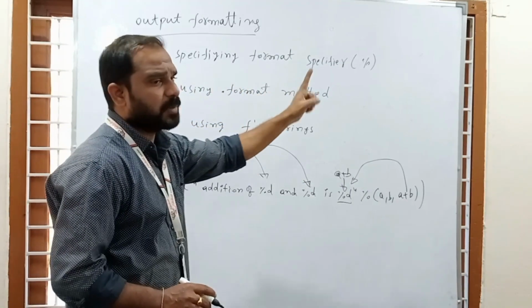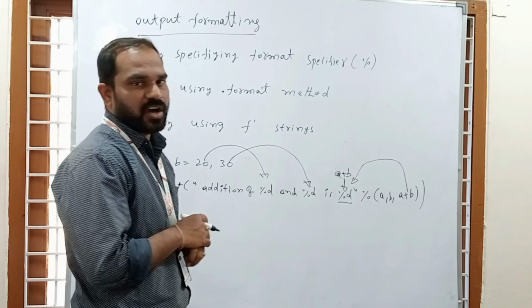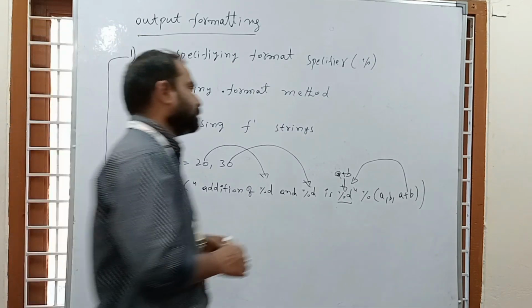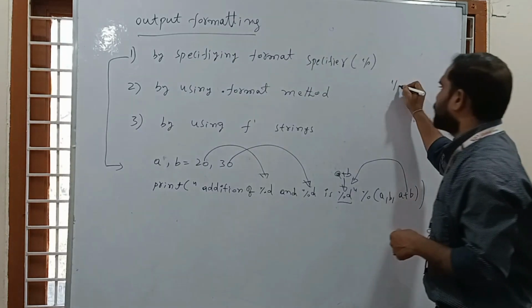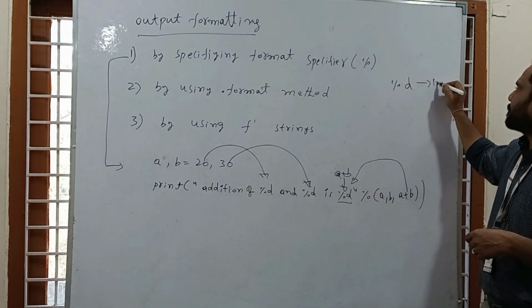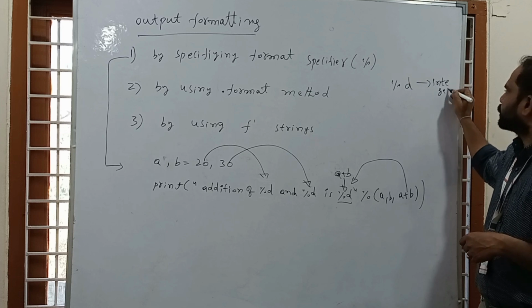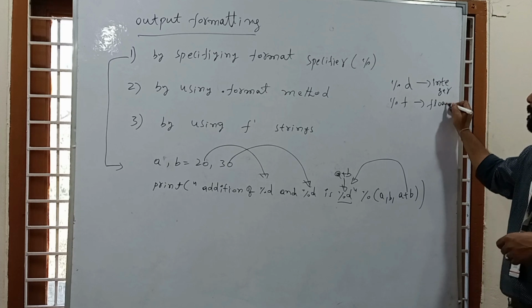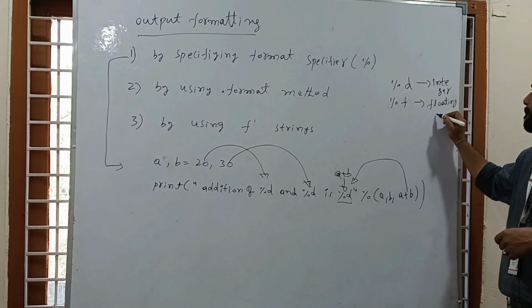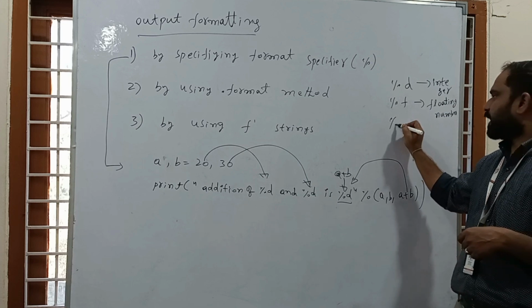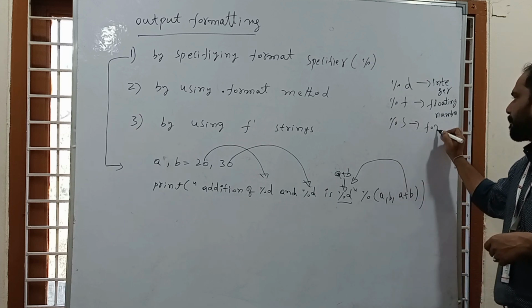This is the format specifier. Not only integers, there are other format specifiers. %d is for integer, %f for floating point number, and %s for string.